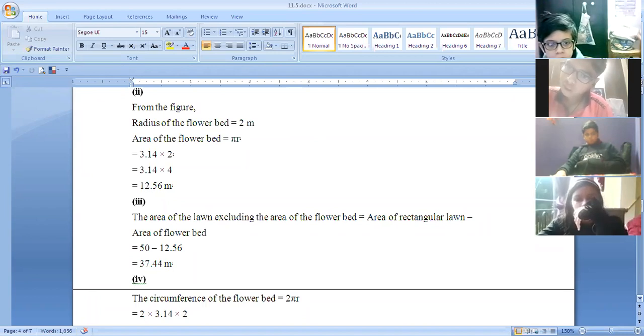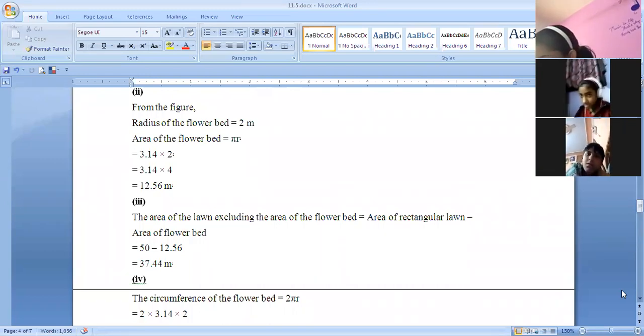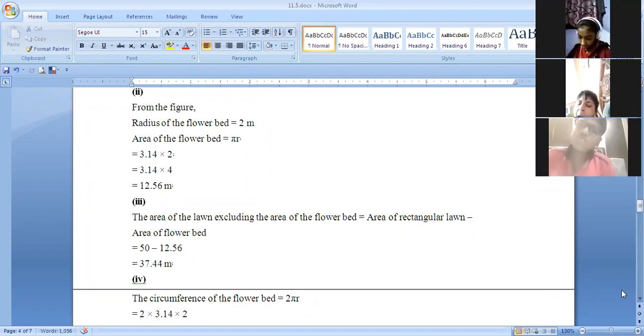Fiona, Lavish, your answers are right. Come on, Parth, give me the answer. Adhyay. Devanshi, multiply the value and give me the answer. If you don't know how to multiply in decimal, then you can raise your hand. I can explain you again.